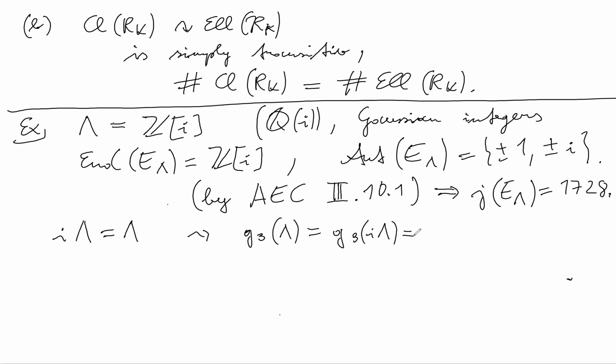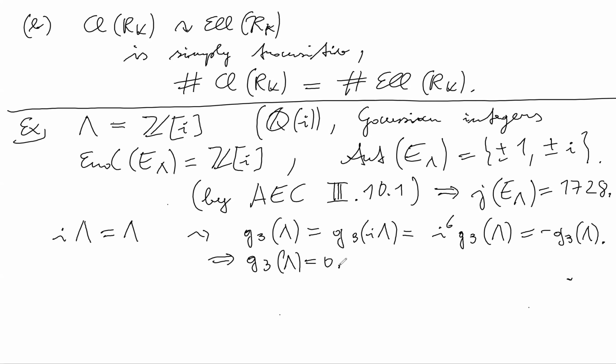Now, if we remember that G3 was actually a modular form of weight 6, right? This has to be i to the 6 times G3 of lambda. This is just for the modular form. i to the 6 is just minus 1, so this would be minus G3 of lambda. Okay, so G3 of lambda is minus G3 of lambda, therefore G3 is 0.